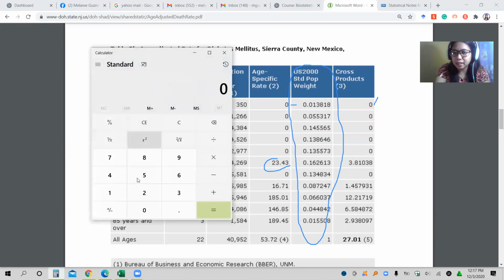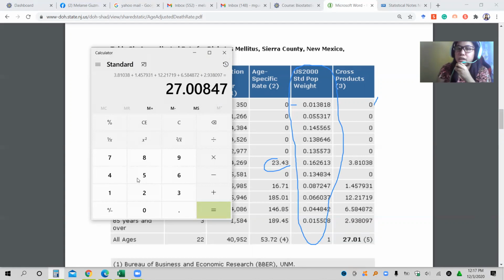So if we add this, it's 3.81038 plus 1.45791 plus 12.21719 plus 6.584872 plus 2.938097 to get a total of 27.008, or this is 22.01.